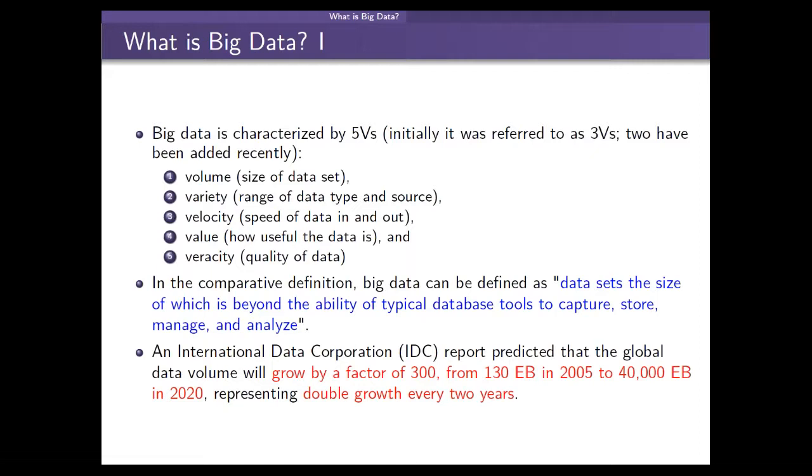And then variety. Variety means we have different types of data: structured, semi-structured, and unstructured. Most of the big data is in unstructured form. The third characteristic is velocity, meaning the data comes with high speed. And big data has value, that means usefulness.